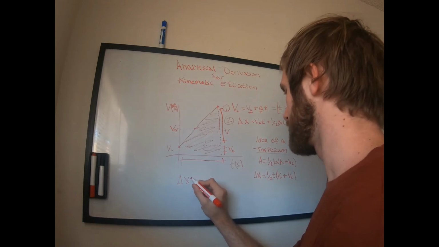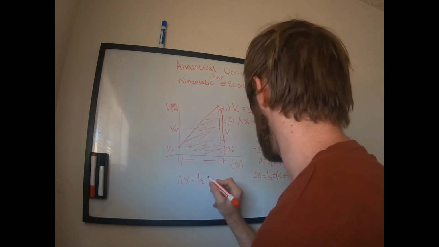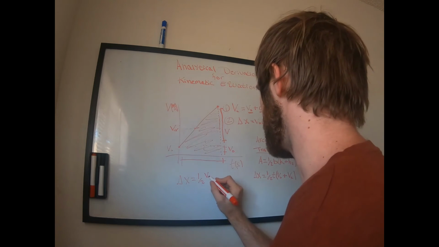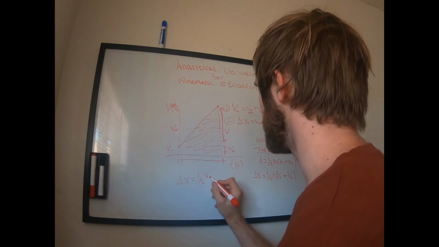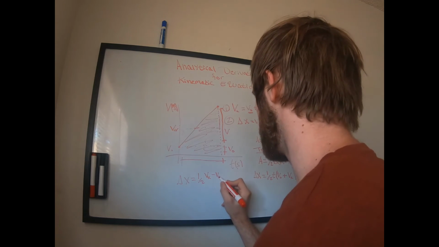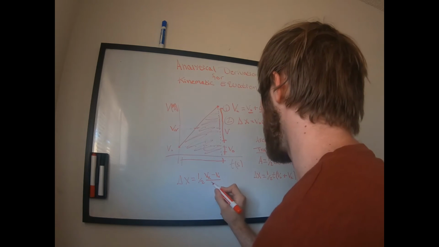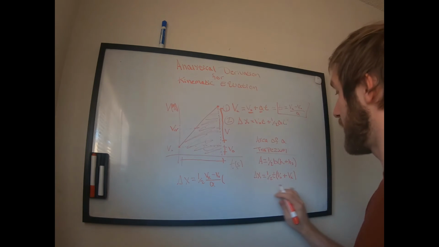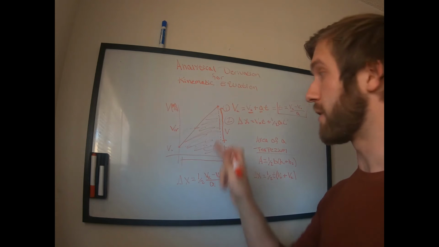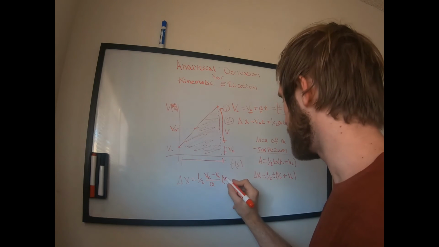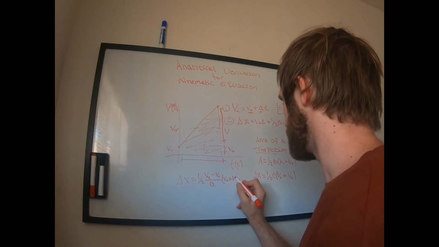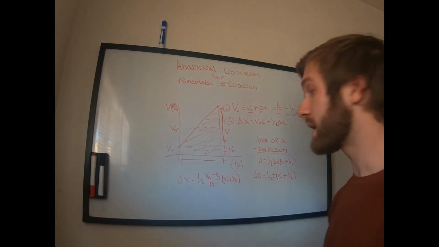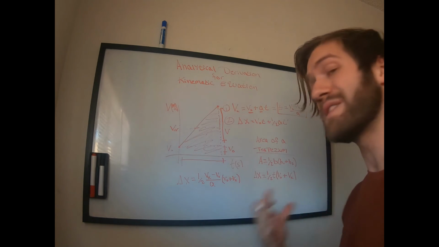So delta x will be equal to 1/2. Plugging in for t, we're going to have (v sub x minus v naught) over our acceleration, and that'll be multiplied by what we just had for our two heights, so v naught plus v sub x. And now we can start algebraically simplifying this.